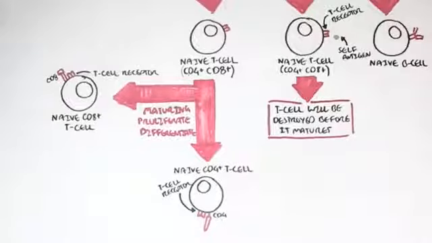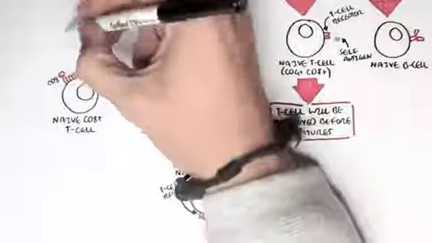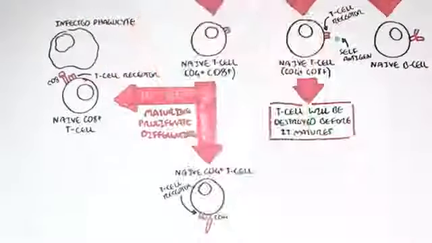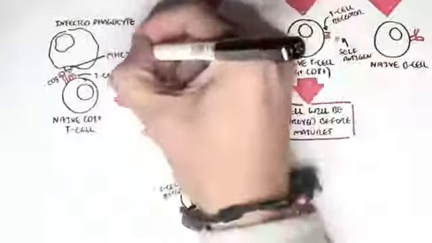So let us follow first what happens with the naive CD8 T cell. The naive CD8 T cell will become activated when an infected antigen presenting cell, such as a phagocyte, presents an antigen on an MHC class 1.